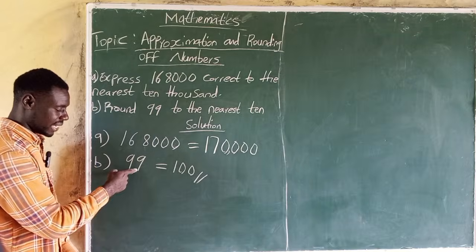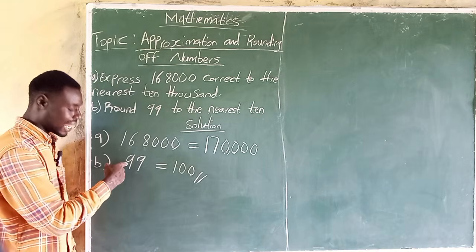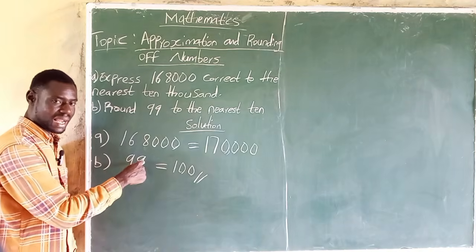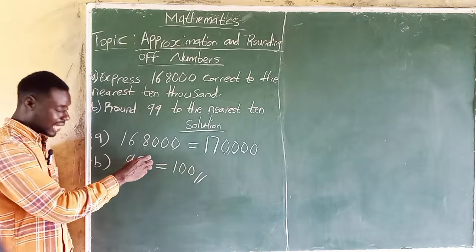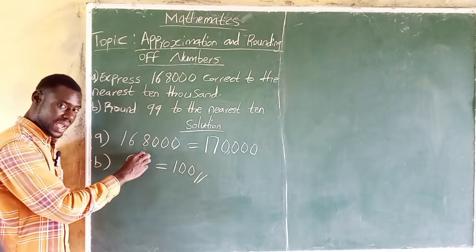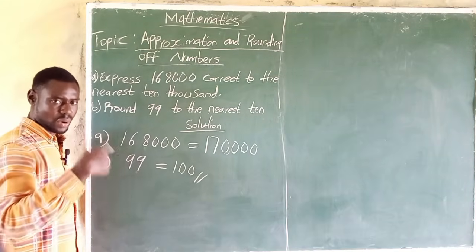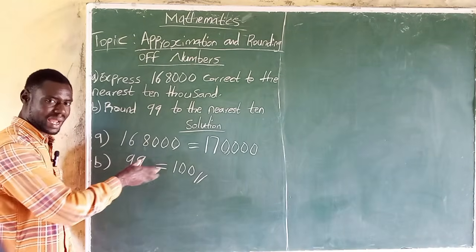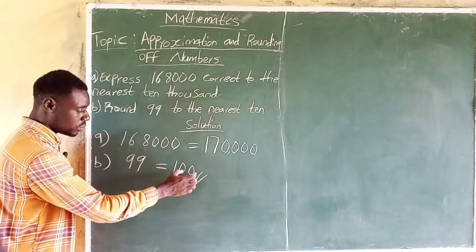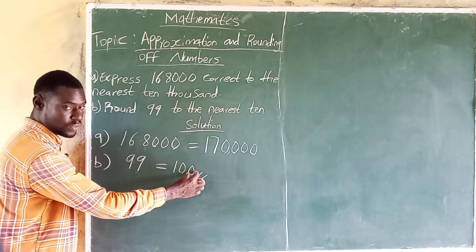Let me come again on this case. If you add 1 to this 9, it becomes 10. And automatically, you have taken away that 1, that this 9 has become 0 here, because you are rounding up to 1. Anytime you are rounding a number up, that particular number you are rounding up automatically becomes what? Becomes 0.